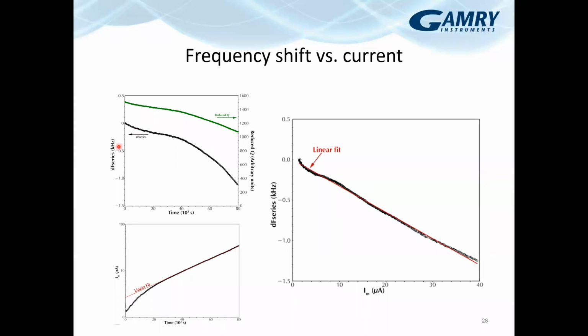And one of the most interesting things that you can do is actually plot the current on the x-axis and the frequency shift on the y-axis. And you'll note that there is what looks like a line, a linear response. And this is interesting, right?